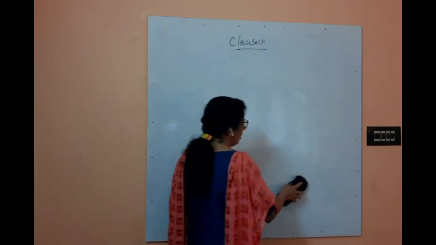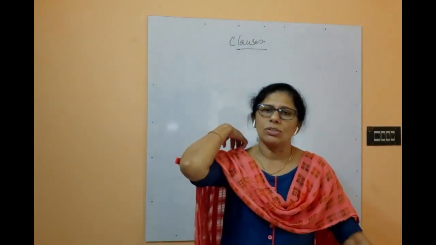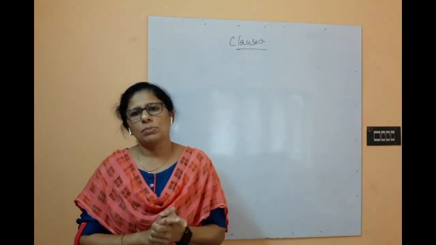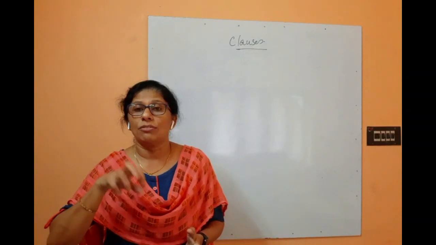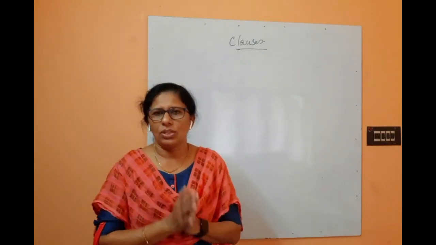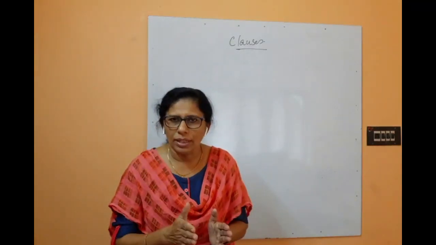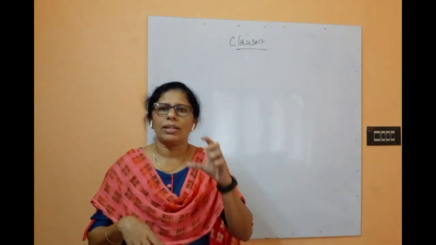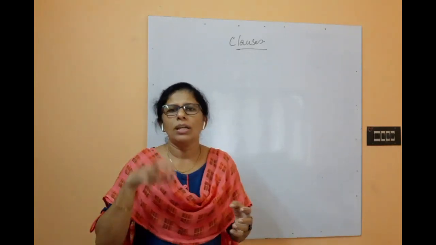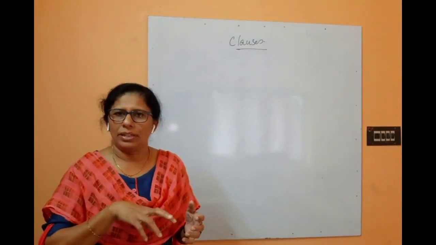It is the same, only the difference is that instead of a phrase, here it will be a clause. So an adjective clause means a clause that does the work of an adjective. In the same way that a phrase qualifies a noun, here a clause is qualifying a noun.